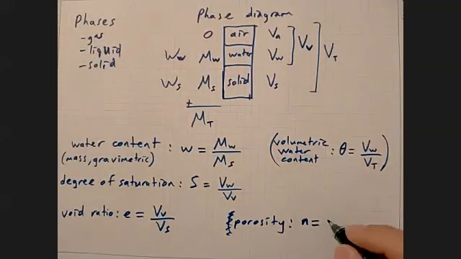So this one is volume of voids over volume total. So what fraction of your total volume is voids in porosity, whereas here it is the amount of voids per unit volume of solids. And because these are very similarly defined, you can very easily relate one to the other.